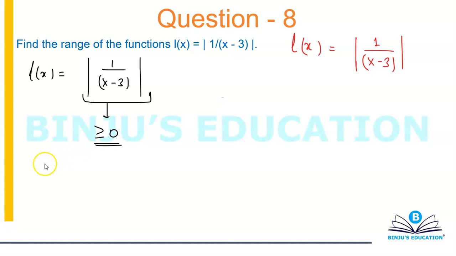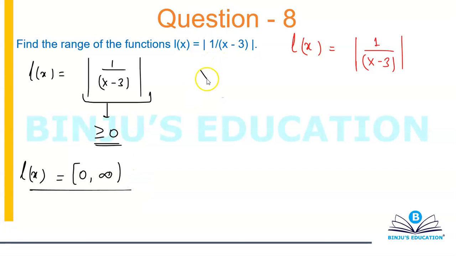So no matter what value of x you put, L(x) will always be from 0 to infinity. Now we just need to finalize if there are any numbers which we can't consider. Okay, let's see how we can do that.